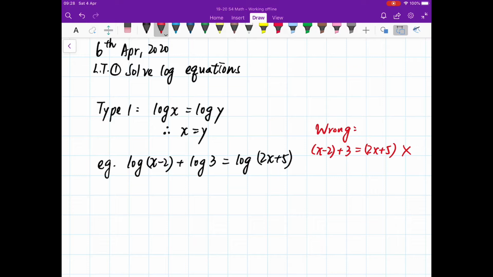So therefore we have to group the logs together. In the question, it is log A plus log B on the left hand side. So we can group them up so that it will become log AB.